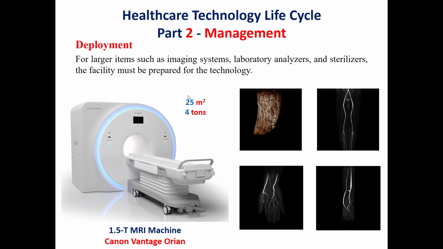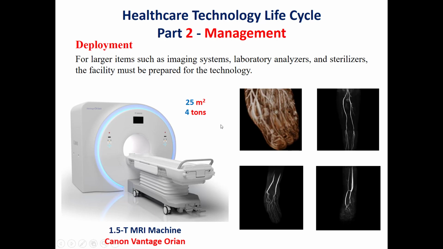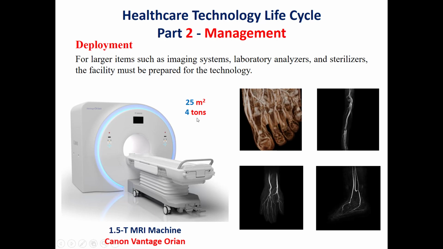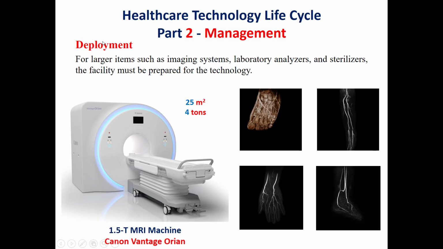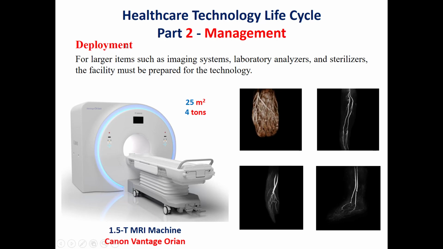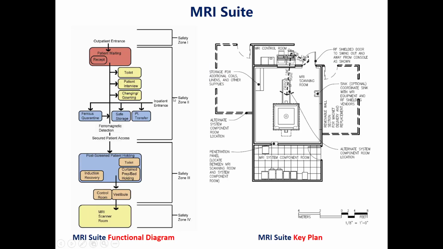The required space will be around 25 square meters, and the weight of the magnet coil will be around 4 tons. So this will be the practical example for the deployment phase and part of the activities in the deployment phase.